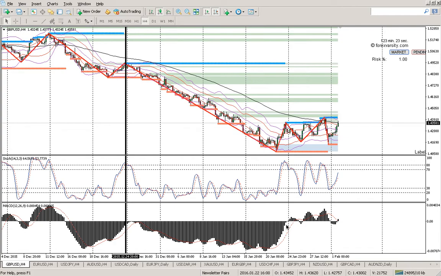That's why I said the equilibrium line, as in the zero line, is the most important line in this MACD, because the reason for that is it shows you where the price is.